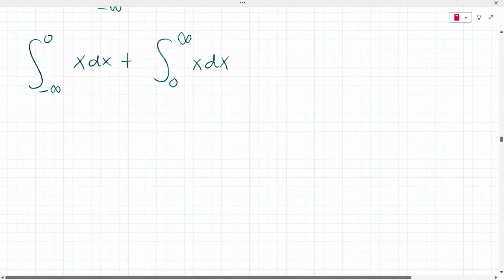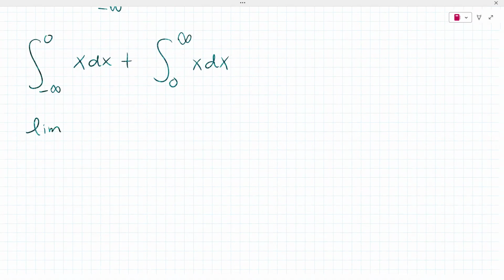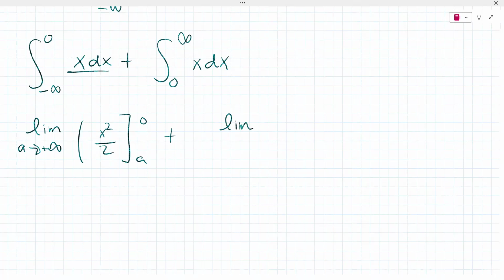So this is going to be the limit as a approaches negative infinity of the integral of x dx, which is x squared over 2, from a to 0, plus the limit as b approaches infinity of x squared over 2 from 0 to b.